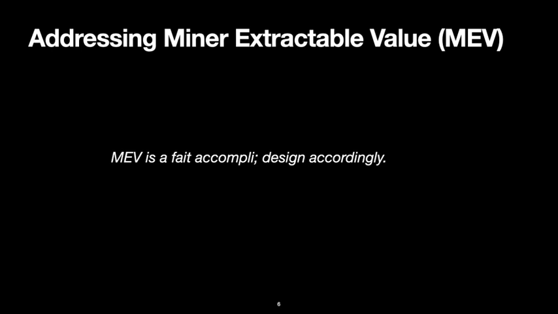Now, a good example of parasitic MEV would be something like sandwiching on some sort of exchange. And a good example of accretive MEV would be something like interoperability as a service, whether it's with different types of rollups. Auction clearing is another good example. These are sort of accretive to all of the participants external to the sequencer.